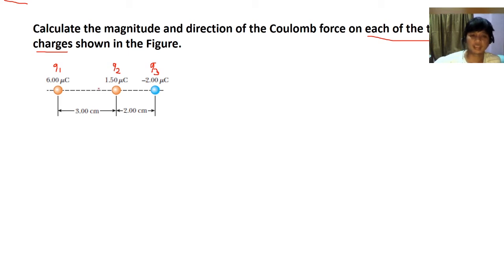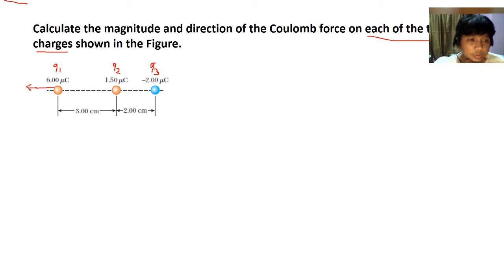Forces always come in pairs. So we know that Q1 has two interactions, one for each of these charges, and that means it will have two forces acting on it. The first, F12, looks like this.